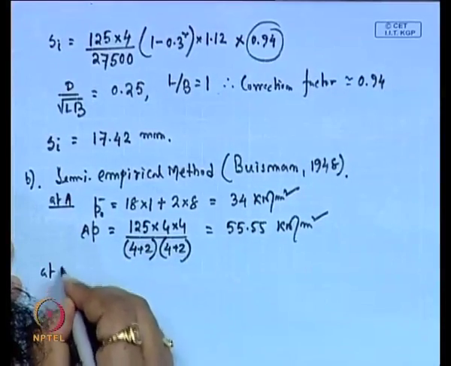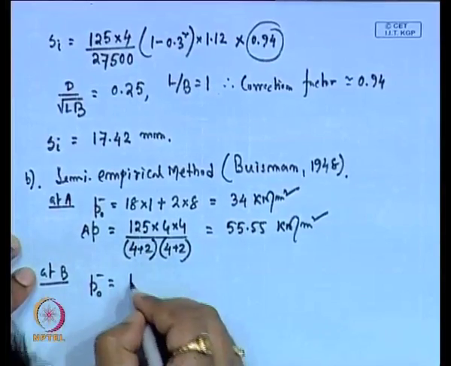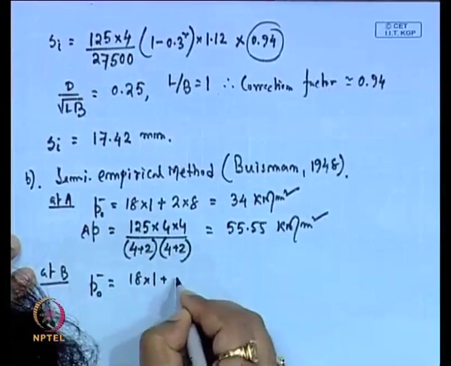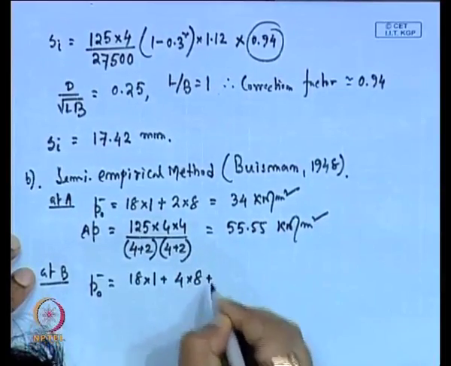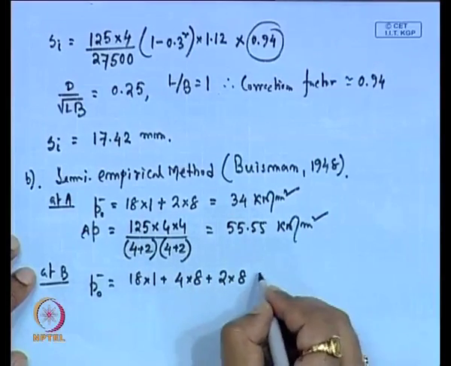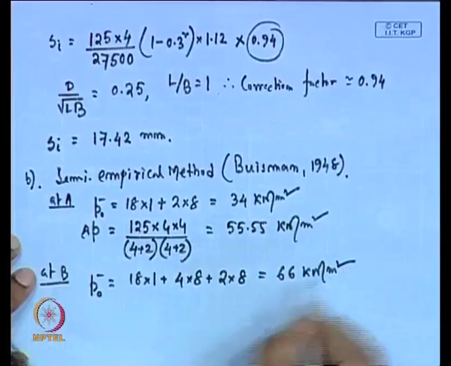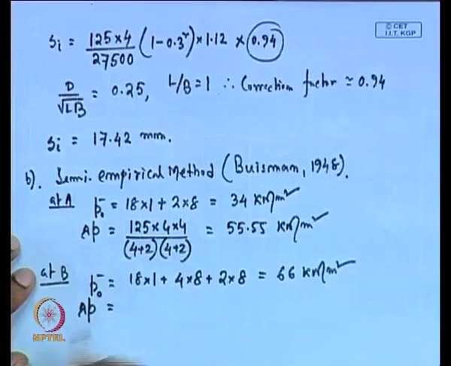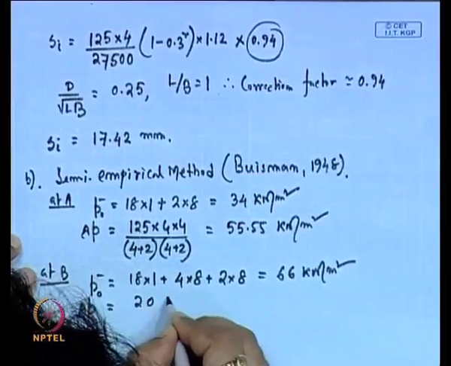Similarly, at point B, P 0 bar is 18 into 1 plus 4 into 8 plus 2 into 8. So, this is 66 kilonewton per meter square, and del P by using the same 1:2 distribution is coming 20 kilonewton per meter square.